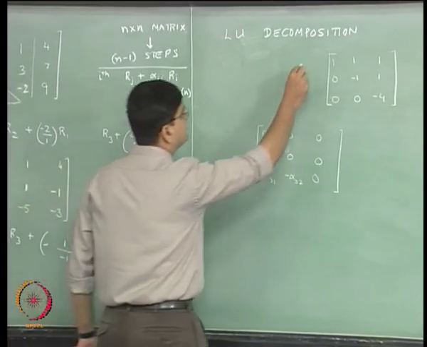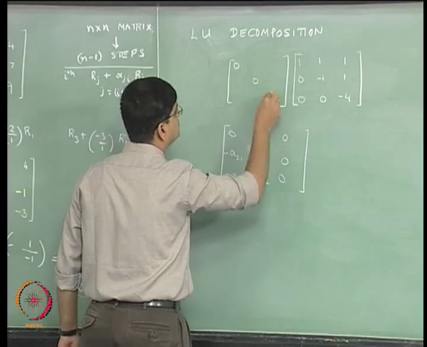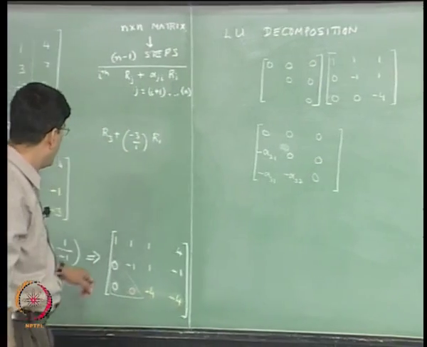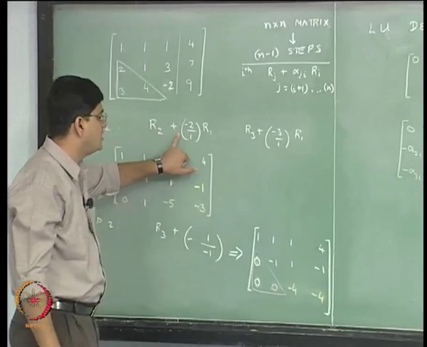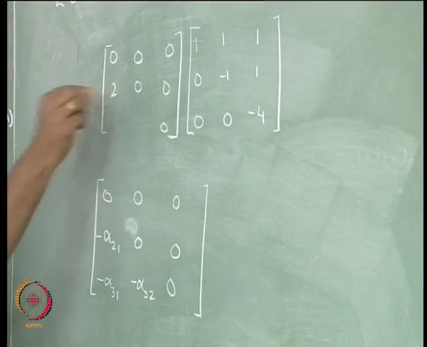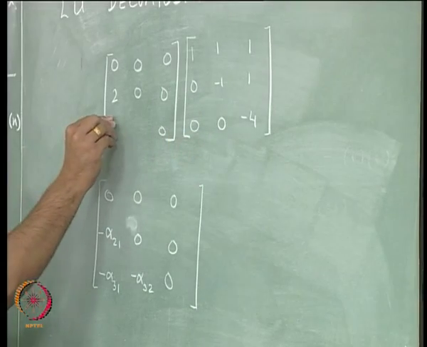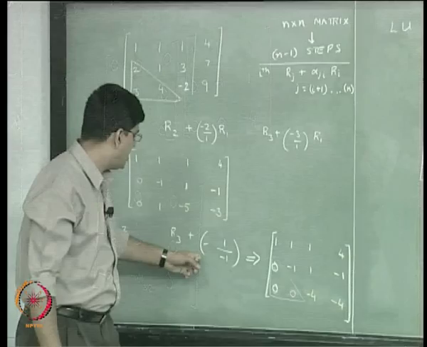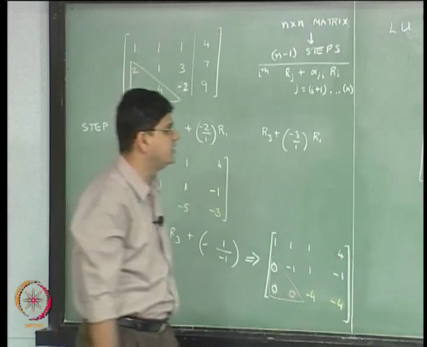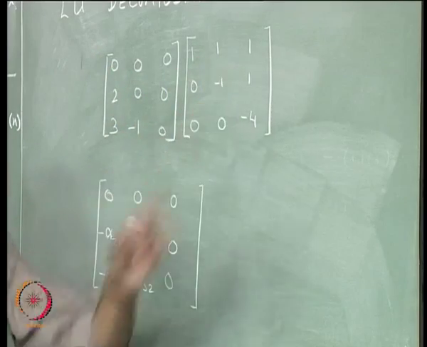Okay. So, what we get over here when we do that is 0 0 0, and alpha 2 1 was minus 2. So, negative of alpha 2 1 is plus 2, alpha 3 1 was minus 3. So, negative of alpha 3 1 is plus 3, and alpha 3 2 was 1. So, negative of 1 is what we write over here.